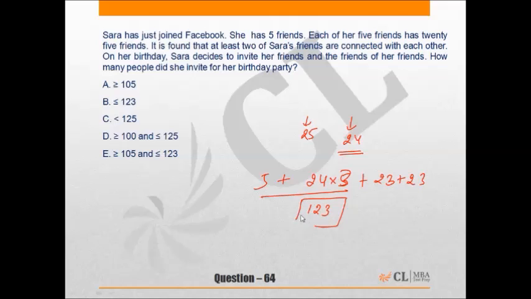So the maximum number of friends that Sarah can invite on her birthday, including friends of her friends, cannot be more than 123.